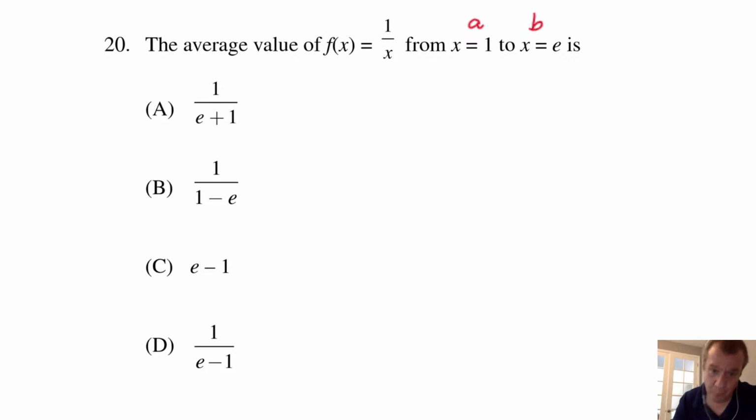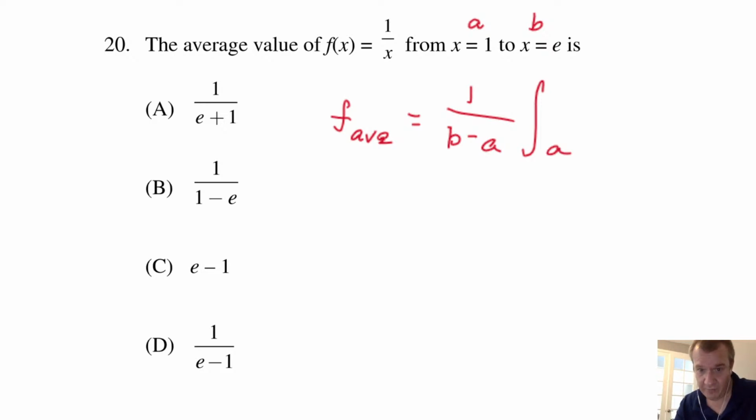When it comes down to it, we are going to have your average value equals 1 over B minus A. I'm just going to write the skeleton of it first in case you're taking notes and you want to recall it.